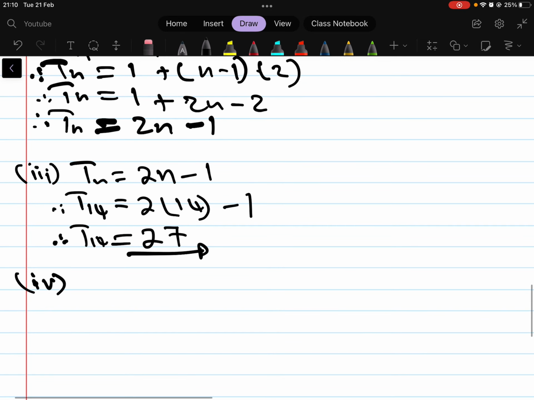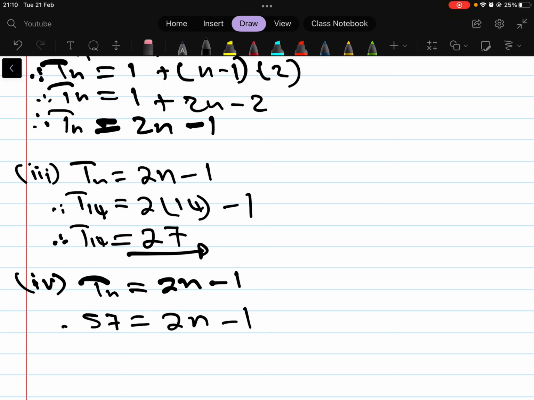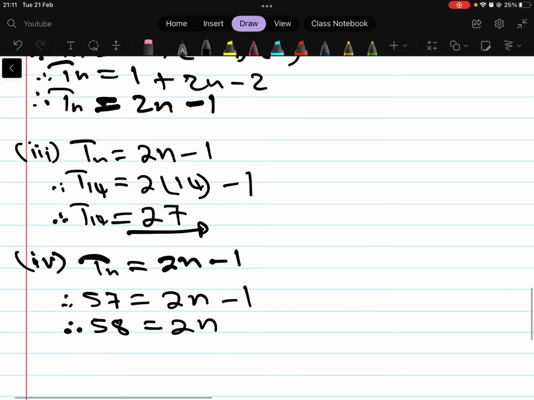How you go about doing that, you just rewrite the general equation, and know that now you are given the term value, which is 57. What is its position? Remember, n stands for position in the general equation. So now you just need to simplify and solve for n. 58 equals 2n, because the 1 we took to the left hand side and it became positive.